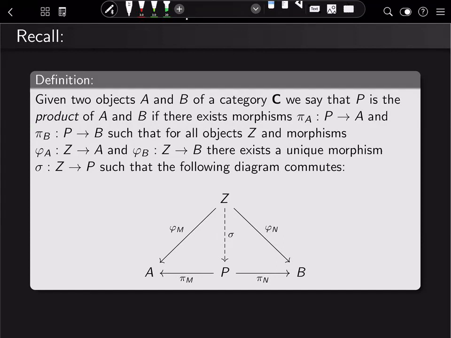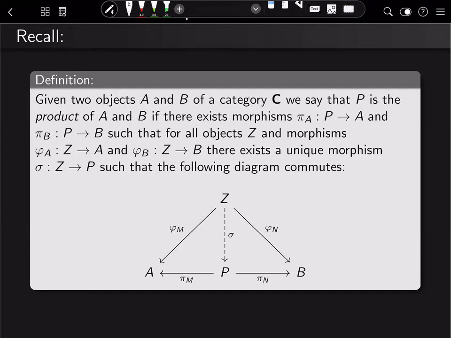So this is the standard categorical definition that you'll see with a lot of categorical definitions, making use of the morphisms and how objects sit within the category.